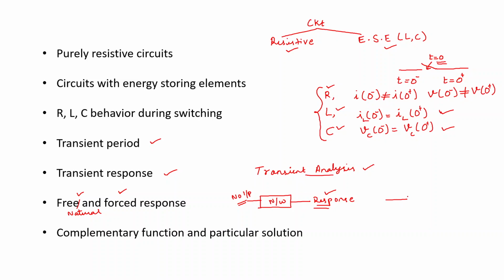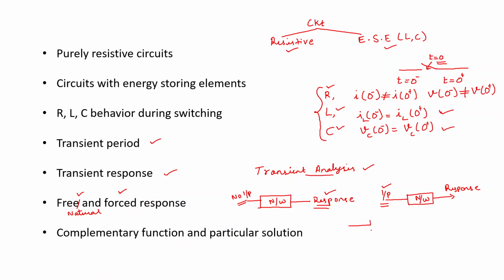Forced response is nothing but: take a network and assume that there is no initially stored energy in the network, and when you give an input, the response that is obtained because of this input alone, and we have assumed that there is no initial energy stored in this network. In that case, the response is because of only the input given. Such responses are called forced response.